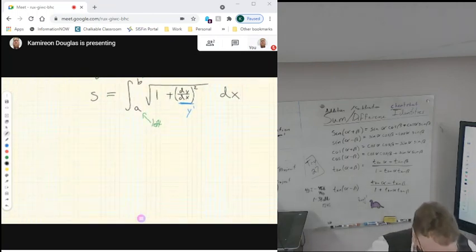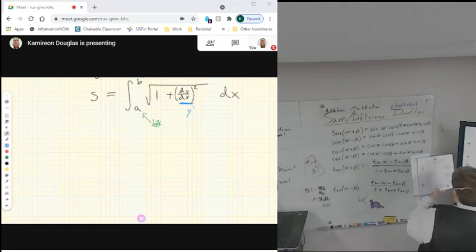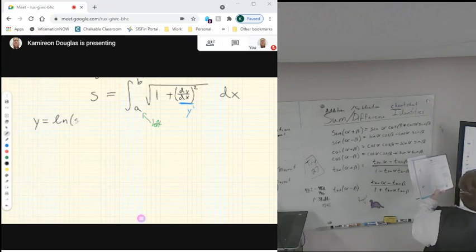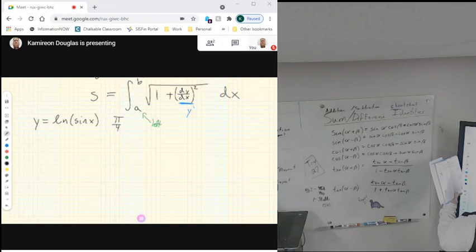We're going to determine the arc length of the following curve. So, y is equal to the natural log of the sine function, and we're testing this between pi over 4 and 3 pi over 4.